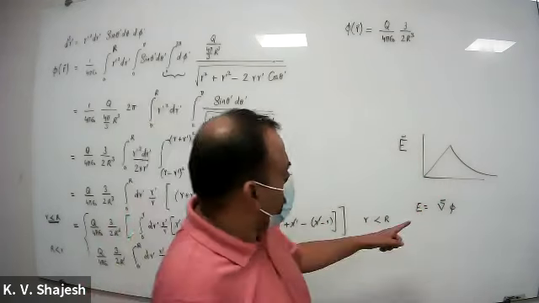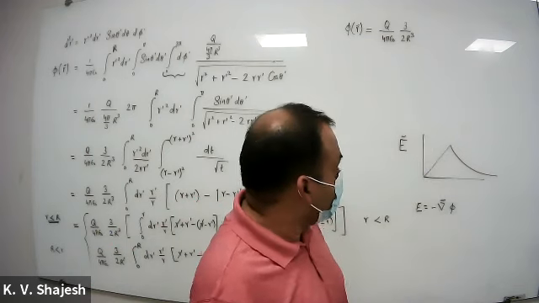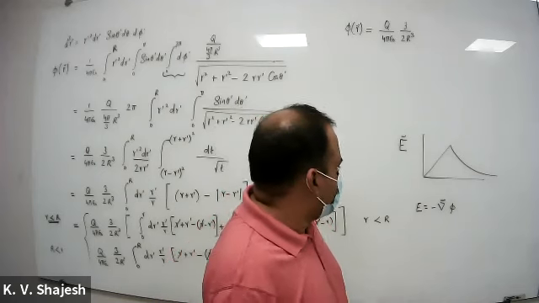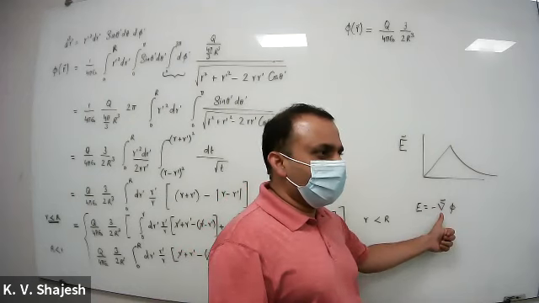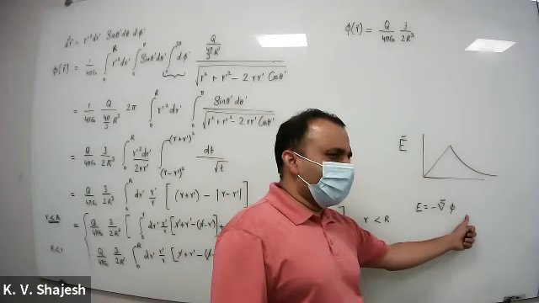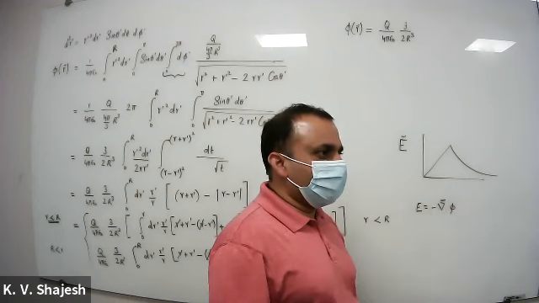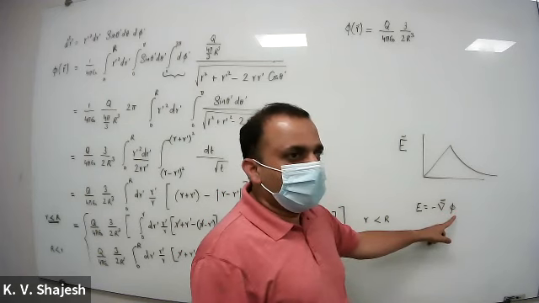So the negative derivative of the potential will give you this. Even if you get that negative derivative, it can always be off by a constant, since electric potential is always off by a constant.